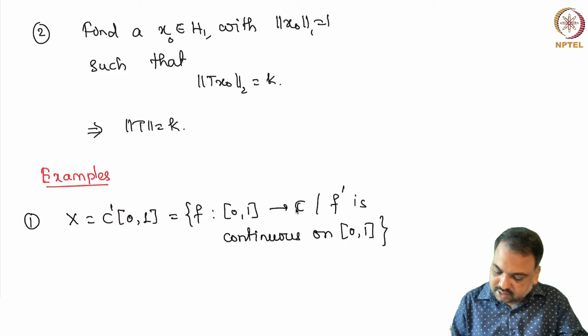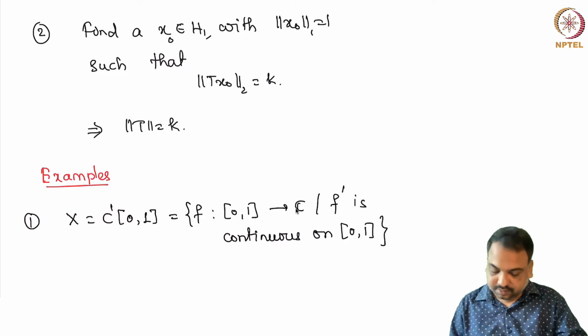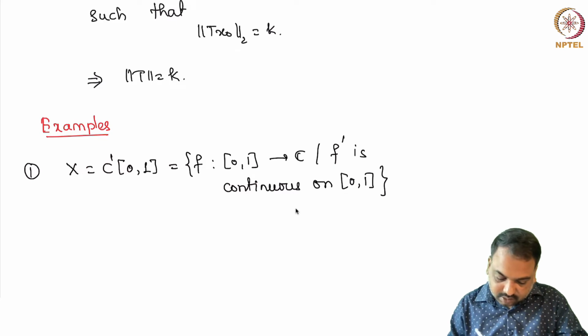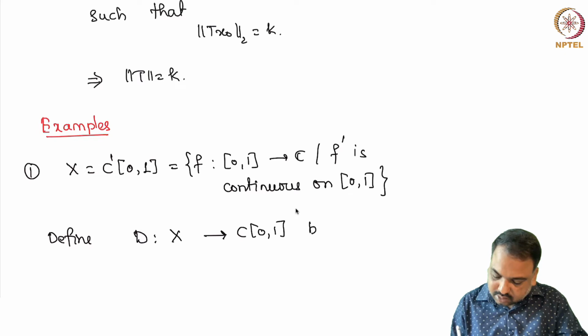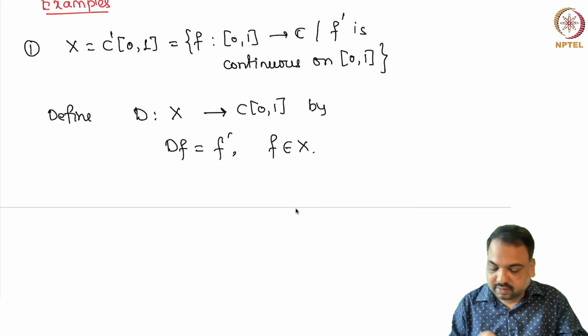That means f' exists and it is continuous. And define D from X to C[0,1] by D of f is f', where f' is the derivative of f.